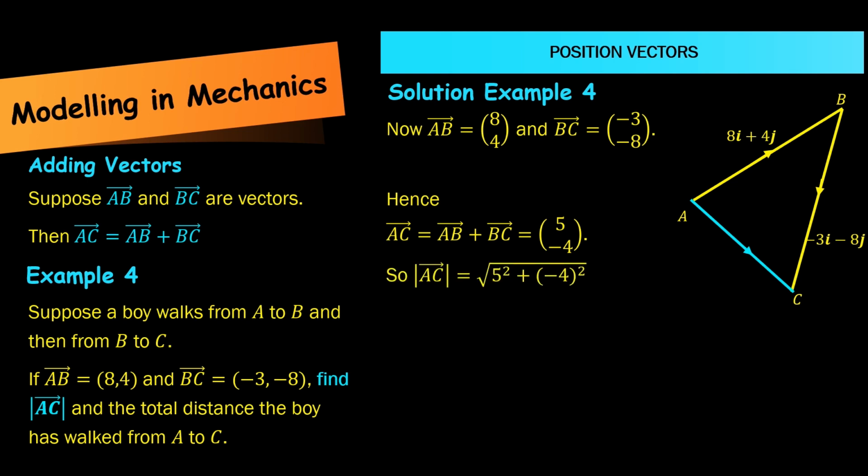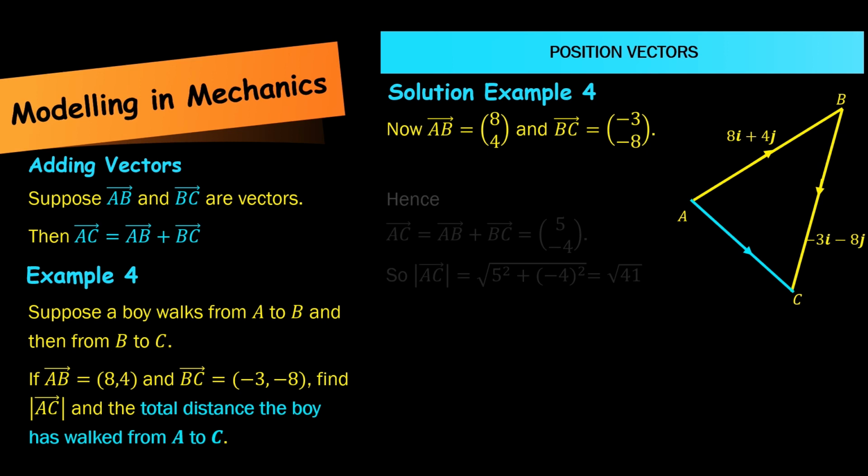So the length of AC, or the magnitude, when we apply Pythagoras, is equal to square root of 5 squared plus (-4) squared, which equals square root of 41. And so we have found mod AC.